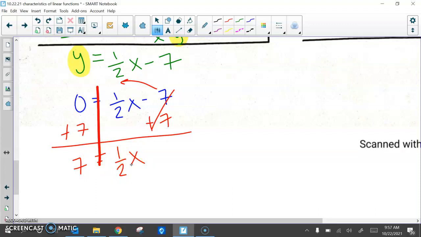Well, I don't need 1/2 x, I need just x by itself, so I need to multiply by the reciprocal. 2 over 1 is the reciprocal of 1 over 2. So I get x equals, and on the left side I also multiply by 2 over 1. So 2 over 1 times 7 is 14.